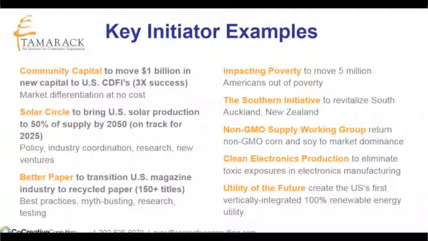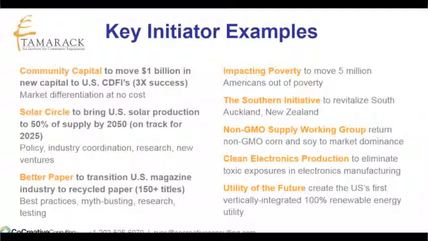We also have two other P's related to key initiator, the process that we use, and what I call the practicalities, which is basically the only P word I could find for tools. I'm not going to talk about the process and the practicalities today, but I'm happy to share resources. We have lots of tool worksheets and things like that I'm happy to put on the website and share.